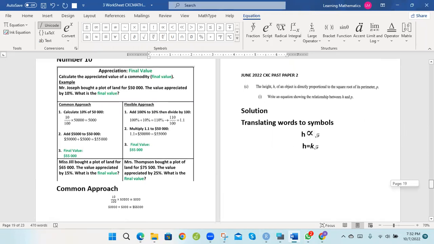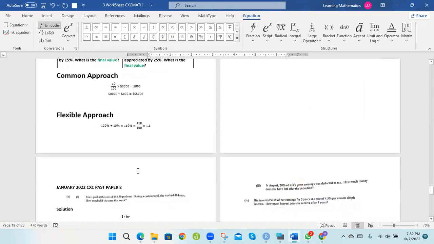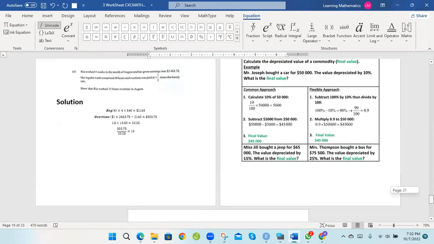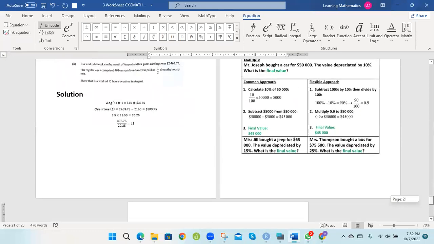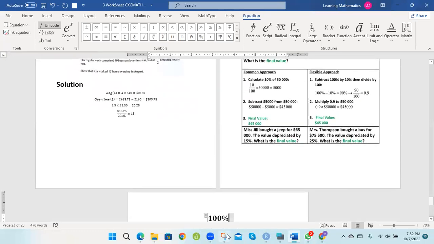See where we added, because appreciation, you add. But once it's depreciation, you have to subtract because it reduced in value. So you subtract the percentage, which is 10%. So you see 100%, subtract 10%, and that will give us 90%.